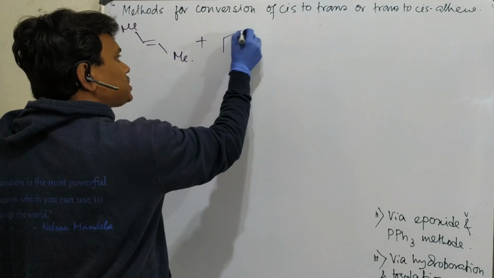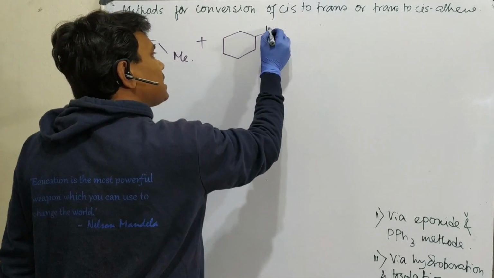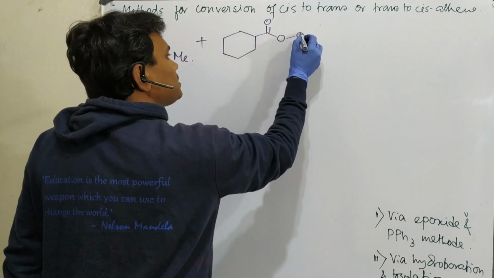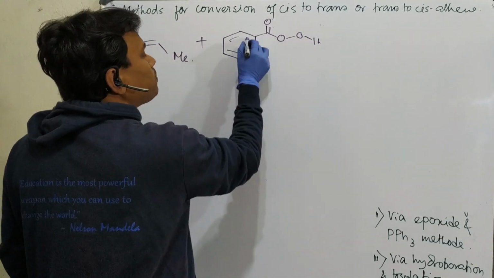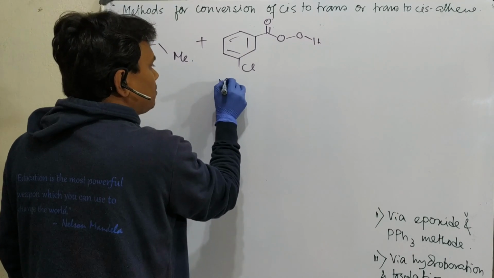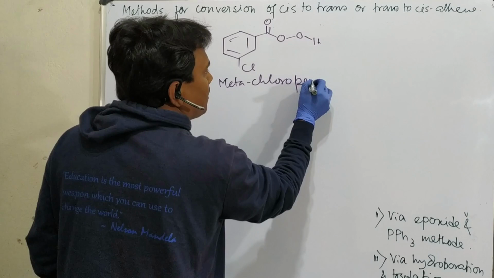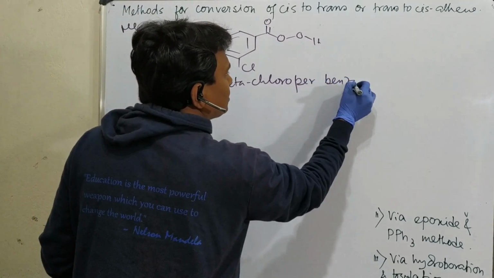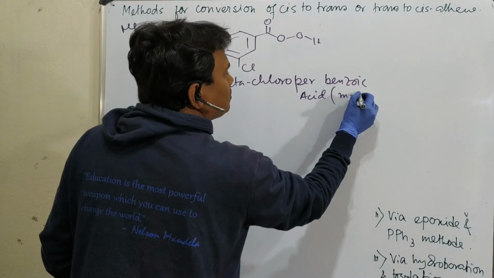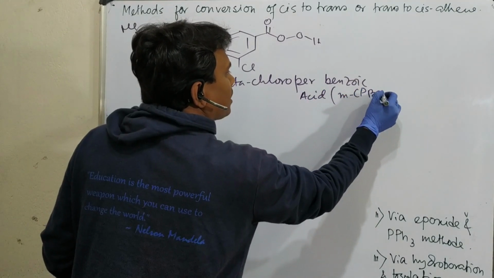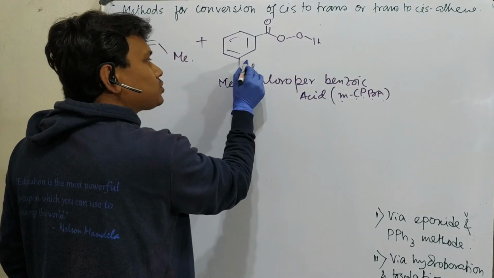For epoxidation there are many reagents, but in this case I am going to use the reagent named metachloroperbenzoic acid, in short MCPBA. Why metachloro? Because this is meta.